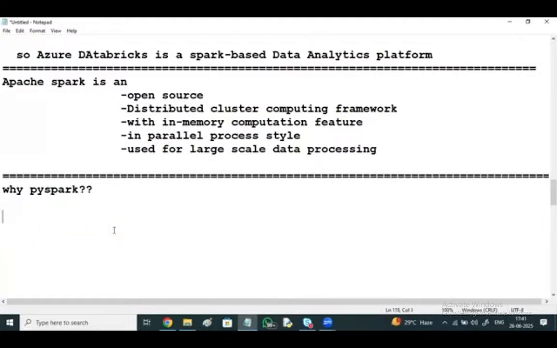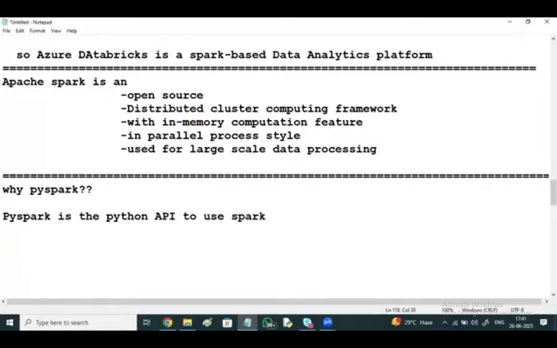Why PySpark? As part of this, we'll be discussing in brief about PySpark functionalities. PySpark is the Python API to use Spark.